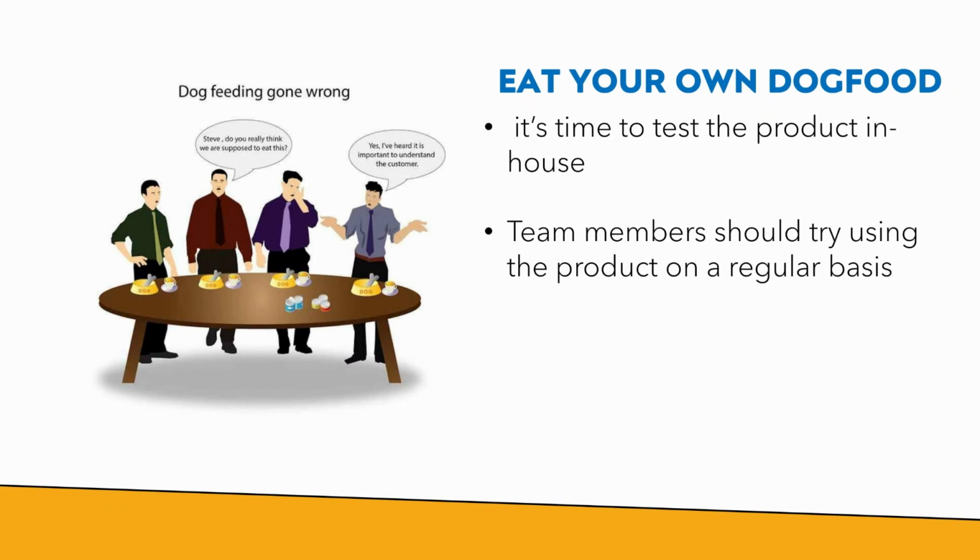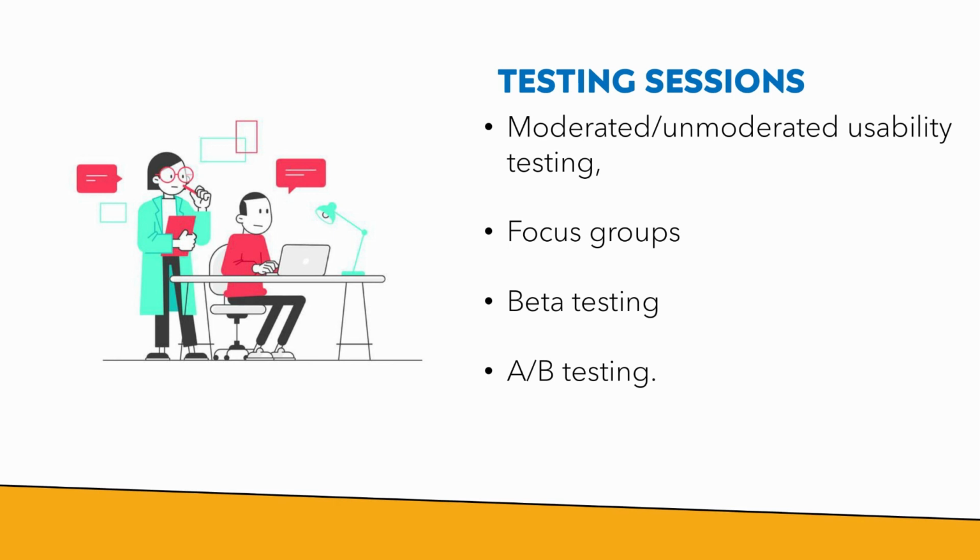Let's talk about the activity eat your own dog food. Once the design team has iterated the product to the point where it's usable, it's time to test the product in-house. In this activity, team members should try using the product on a regular basis, completing routine operations to uncover any major usability flaws.